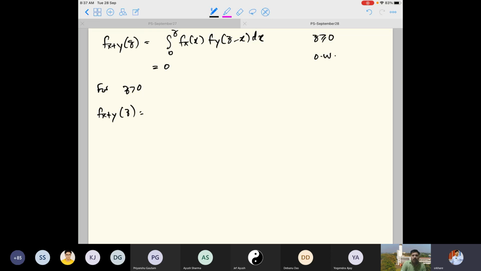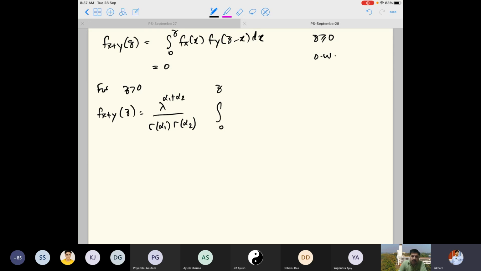Okay, so here you have f_X(x) and f_Y(z minus x). These are the things that are going to multiply. If you will allow me, I'll just write this down. This calculation is not very difficult.